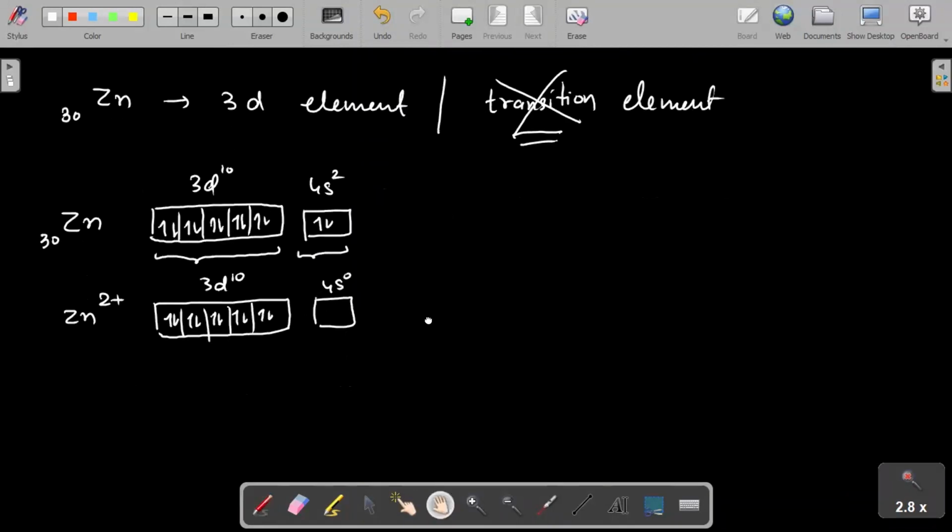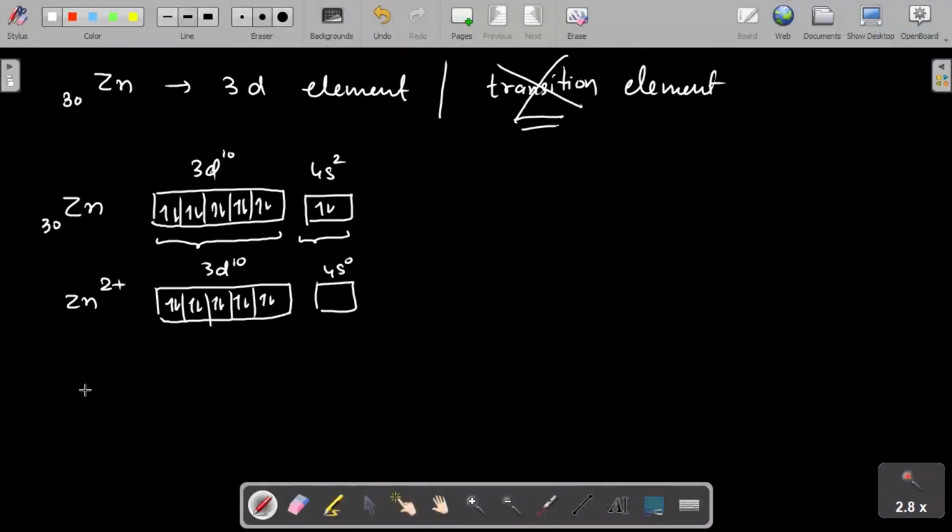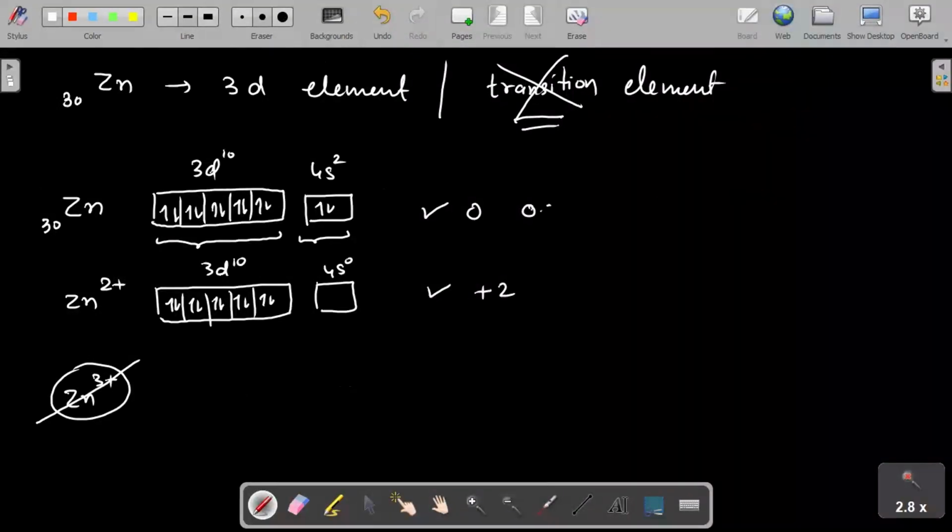Apart from these two electronic configurations, we have never seen any other configuration of zinc. So the existing possibilities are zinc as an element, 0 oxidation state, or the +2 oxidation state.